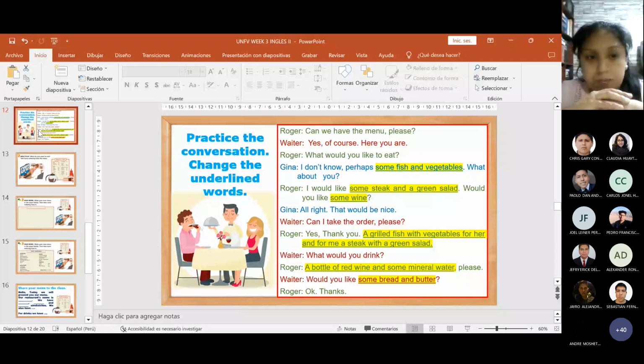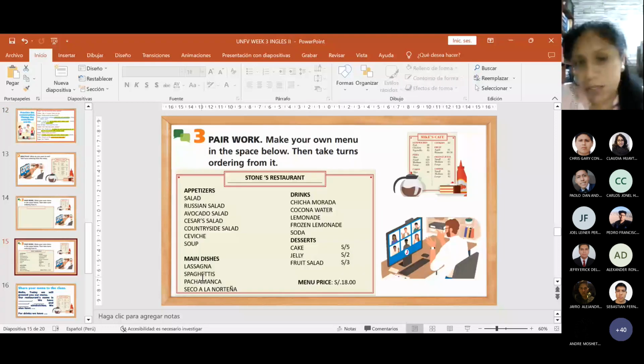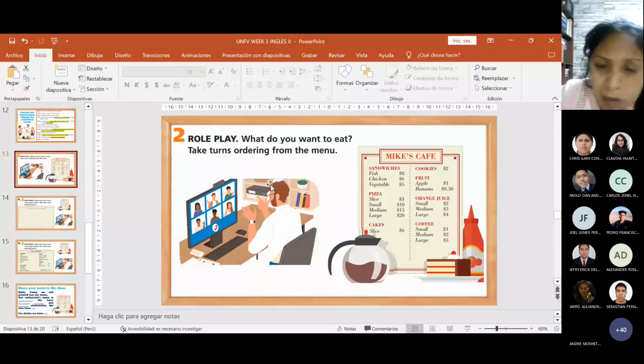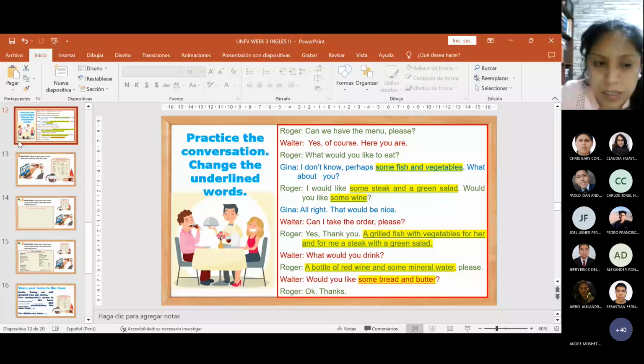Could be. Lo primero que tenemos que hacer es, si es que vamos a crear un menú, crear el menú. Basado en esto, armamos la conversación. Si yo quiero utilizar el de Mike's Café, solo trabajo la conversación.